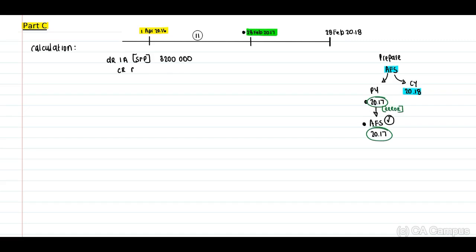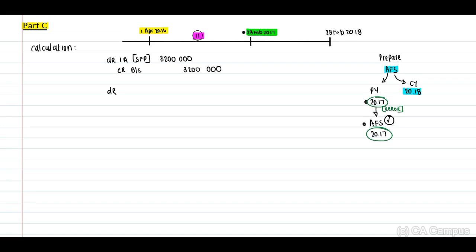Credit, other, bank, supplier, we don't know. Okay. Then they've indicated to us that they've amortized the intangible asset for a period of 11 months from 1 April 2016 until 28 February 2017. This is for 11 months.